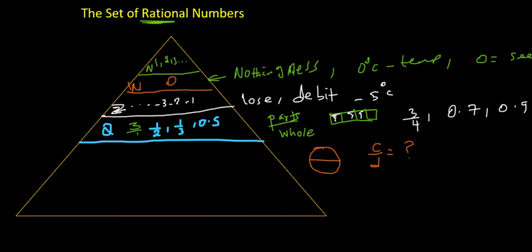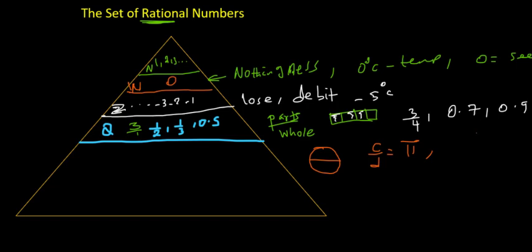Whatever circle you take, the ratio of the circumference to the diameter is the same. In mathematics that is pi. Rational numbers are incapable of representing pi, which is 3.14 and continues.